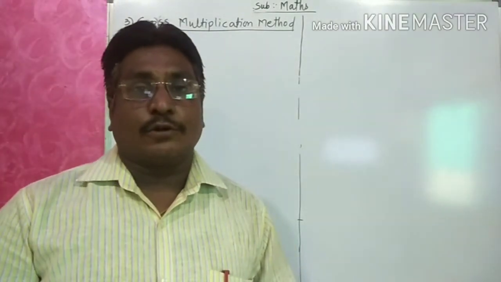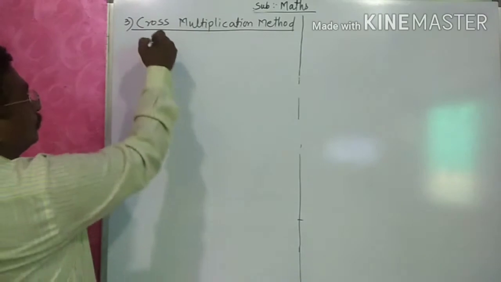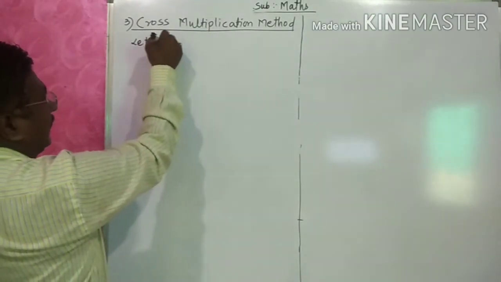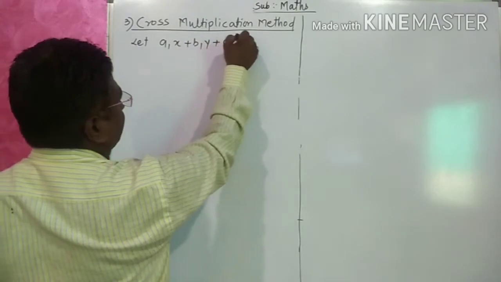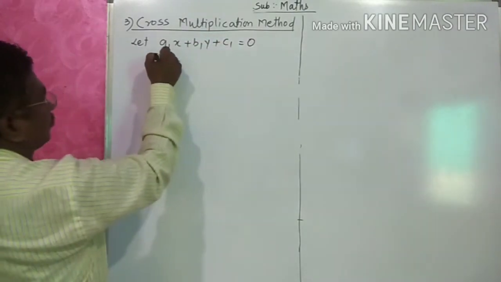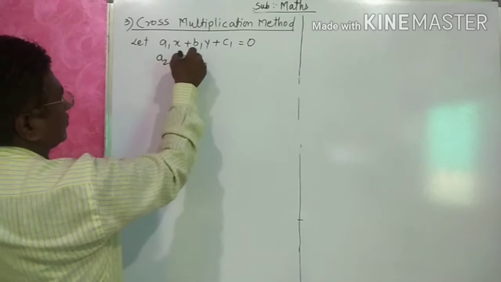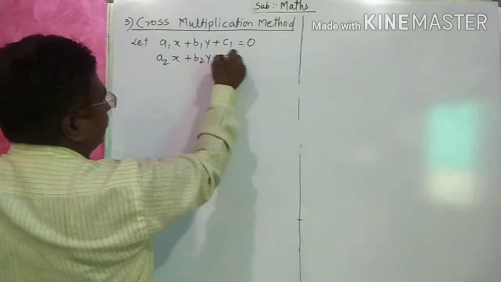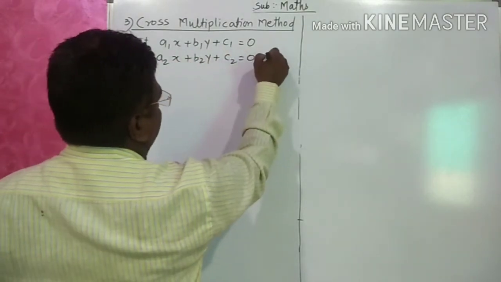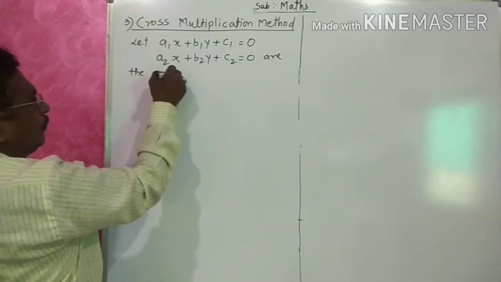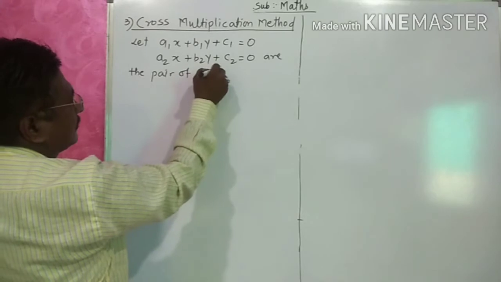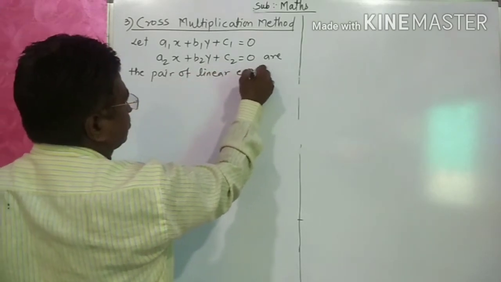Okay, students. So now the cross multiplication method. In that method, let a1x plus b1y plus c1 equals 0, a2x plus b2y plus c2 equals 0 be the pair of linear equations.